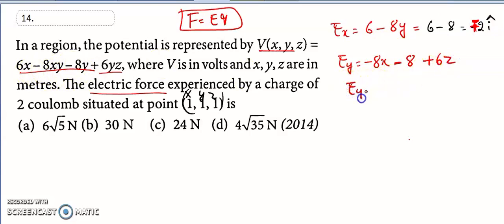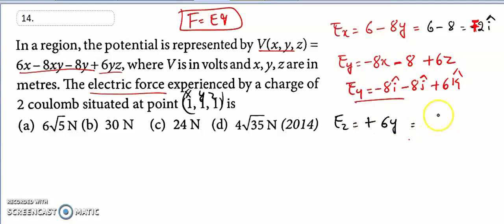So that is minus 8 i cap minus 8 j cap plus 6 k cap. Then Ez is equal to plus 6y, that is 6 k cap.